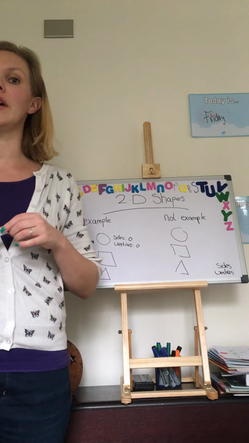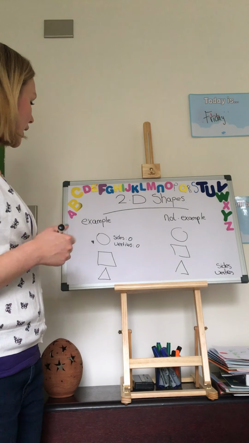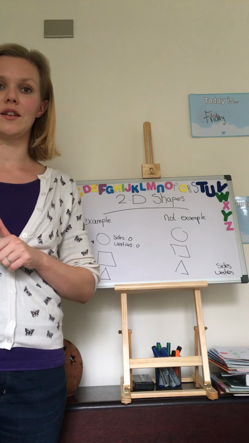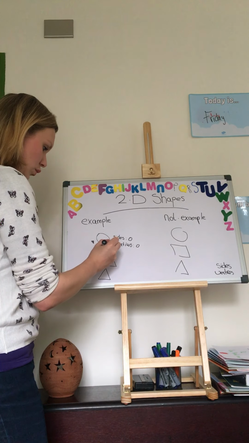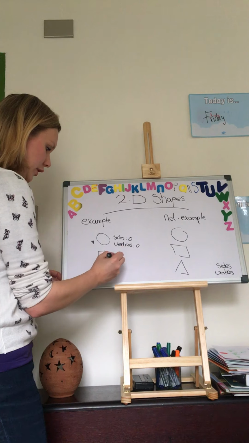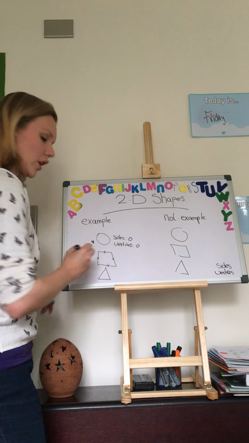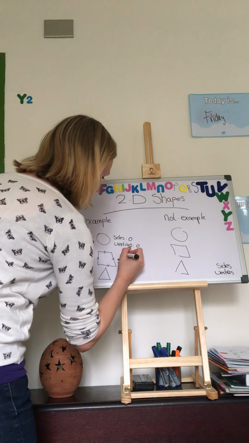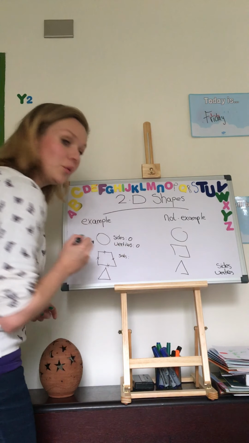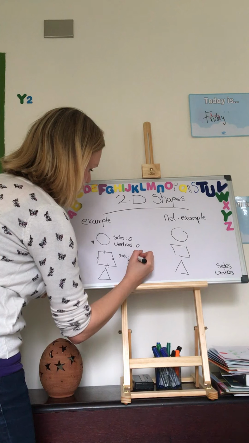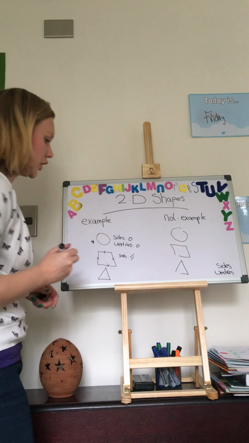Okay, what about the square? How many sides does the square have? Let's count. 1, 2, 3, 4. So I write down sides. How many did we count? 4. Very good.